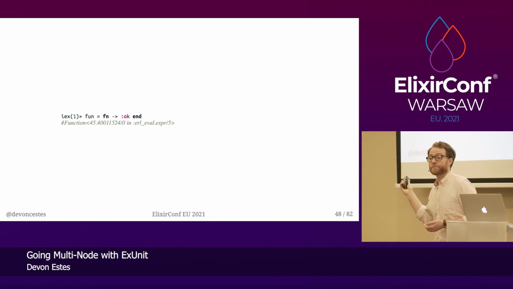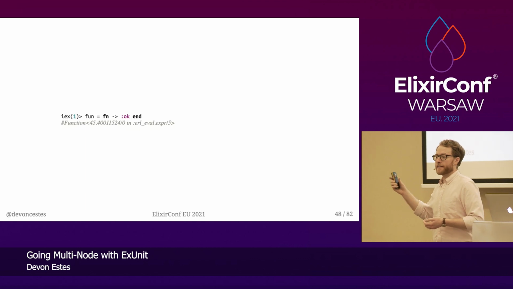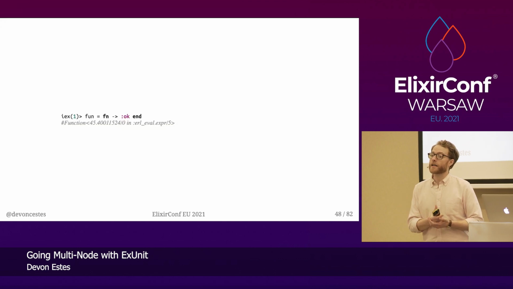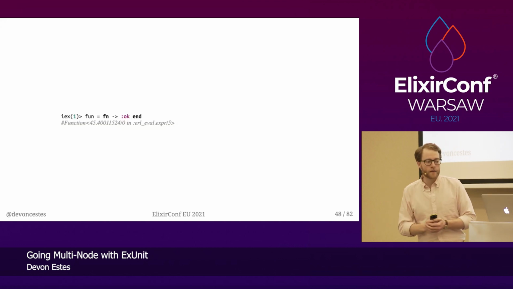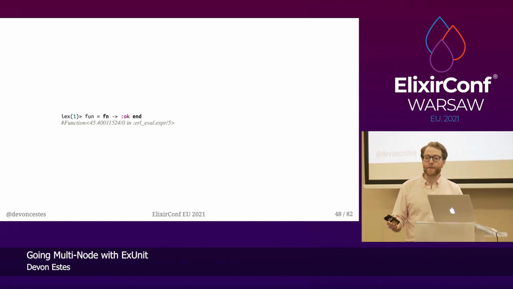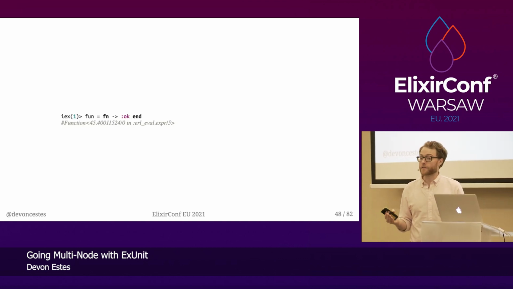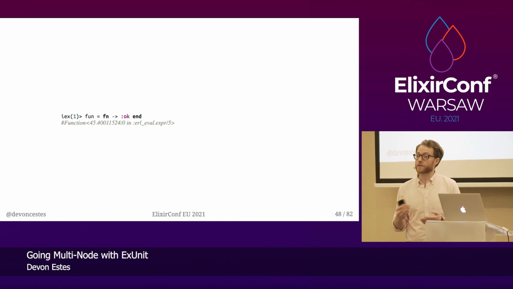That's that function's name. It gives it essentially a random number, but then it also gives it a reference to the function in which it is defined. In this case, this anonymous function is defined within :erl_eval expression 5 because that's how IEx works. But if you were to inspect any of your code with anonymous functions, they all have a name. They always have a name. That's how the BEAM works. Functions always have names.